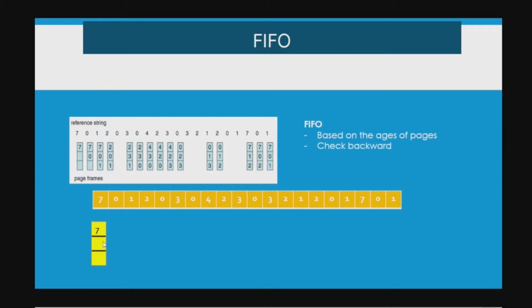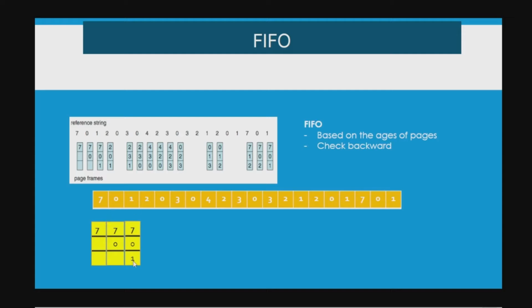Now we have 7, and another 2 frames available. The next string is 0. We have space here, so we just put 0 here. The next string is 1. We still have space, so we just put 1 here. Easy for the first 3 strings.